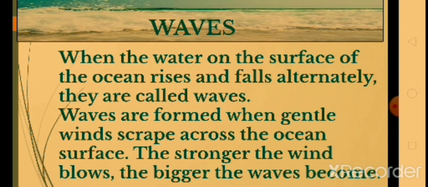The size of the waves depends on how far, fast, and long the wind blows. For example, a brief, gentle breeze will only form ripples on the surface of the ocean, whereas strong, steady winds over long distances can create large waves, isn't it?